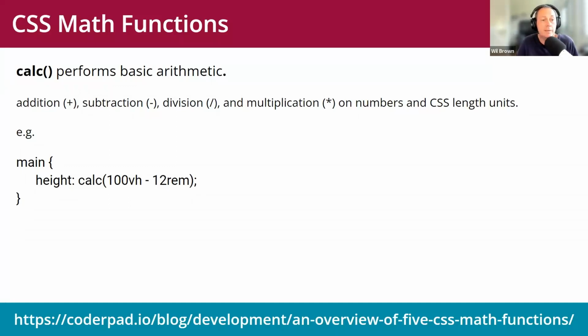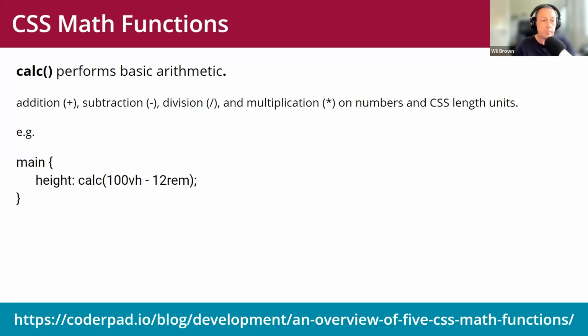Calc takes multiple elements, and you can use addition, subtraction, division, or multiplication. And you can use CSS length units, for example pixels, viewport height, viewport width, rems, and you can basically calculate something. For example, you could calculate the width of the viewport relative to the base font, and then work out how much your font is.